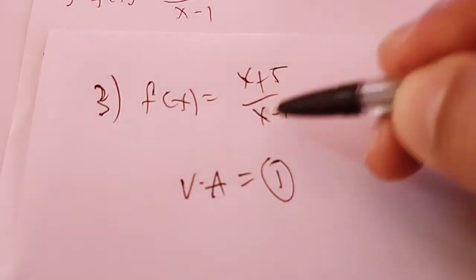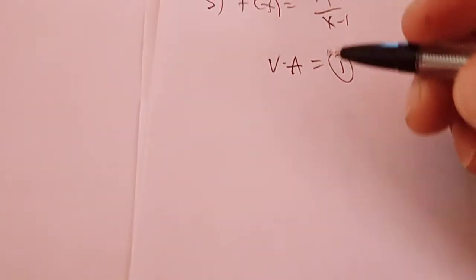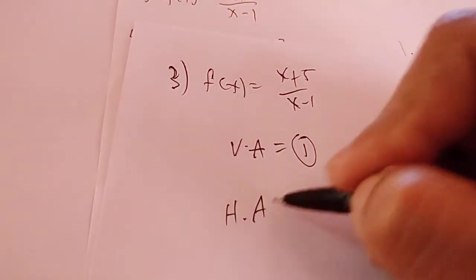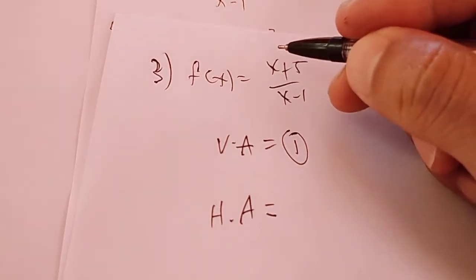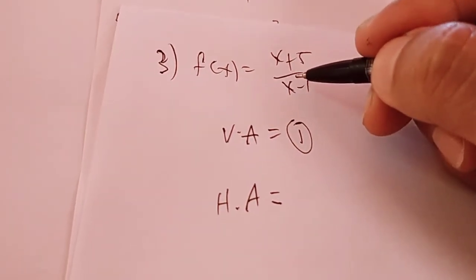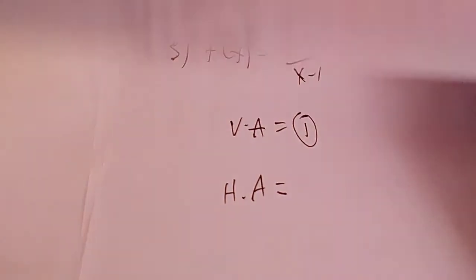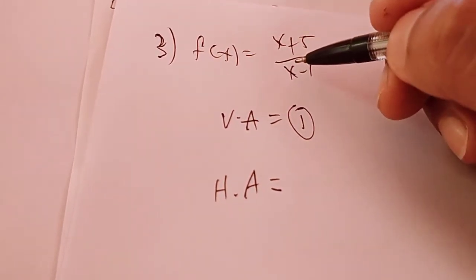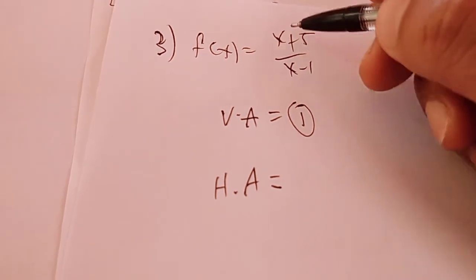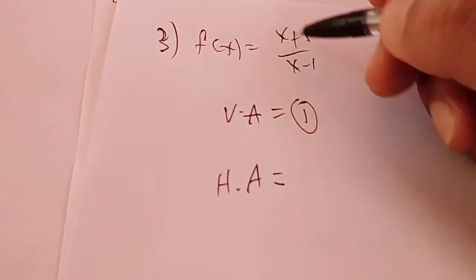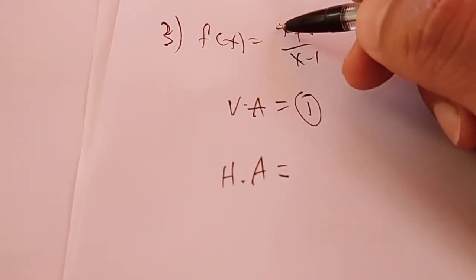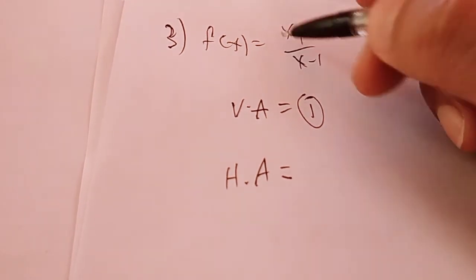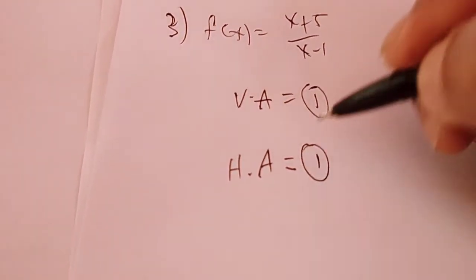For the horizontal asymptote, since n equals m, the exponents are both 1, so we take a over b, the leading coefficients. 1/1 is 1. So, positive 1 also.